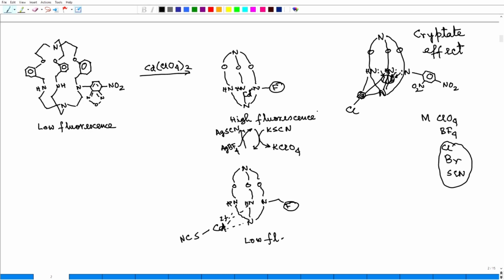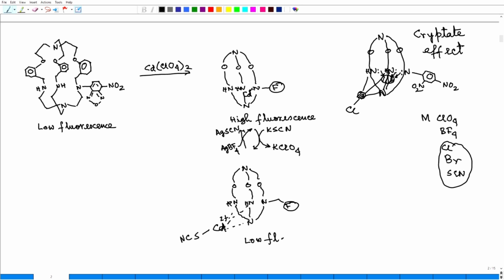Now, if you put potassium thiocyanate, which is a coordinating anion, the metal comes out. Metal goes in and comes out, depending upon the anion. This is anion controlled translocation of metal ion in a cryptand.